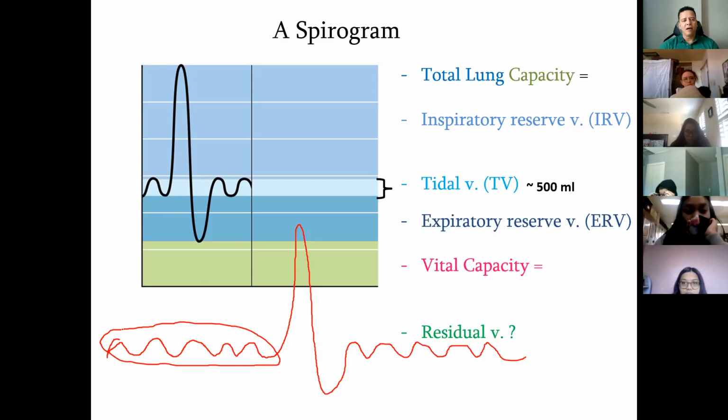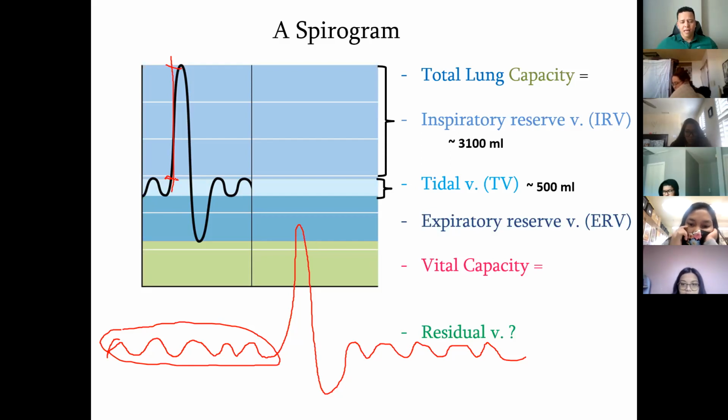Then when we inhale as hard as we can, and we measure this value right here, this is what we call the inspiratory reserve volume, or the IRV. On average, the IRV is about 3,100 mLs of air that we can get inside of our lungs.